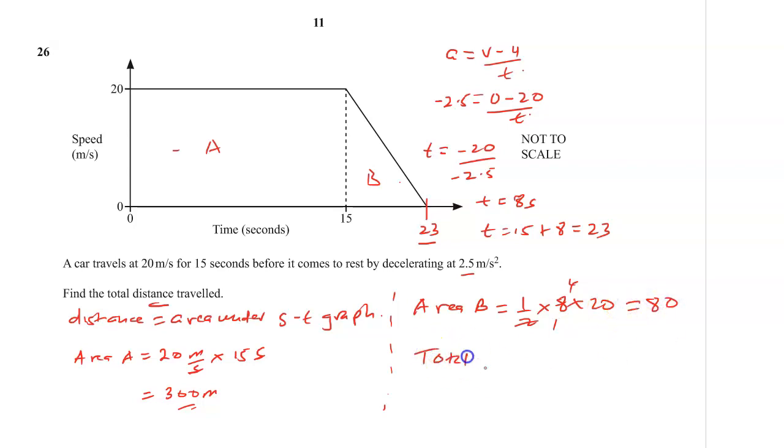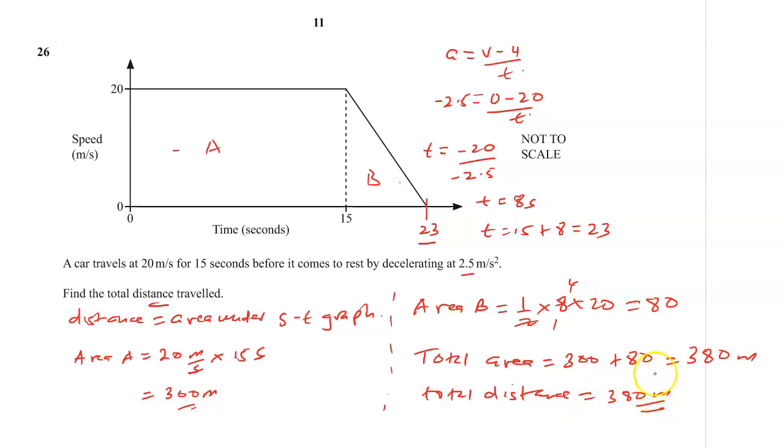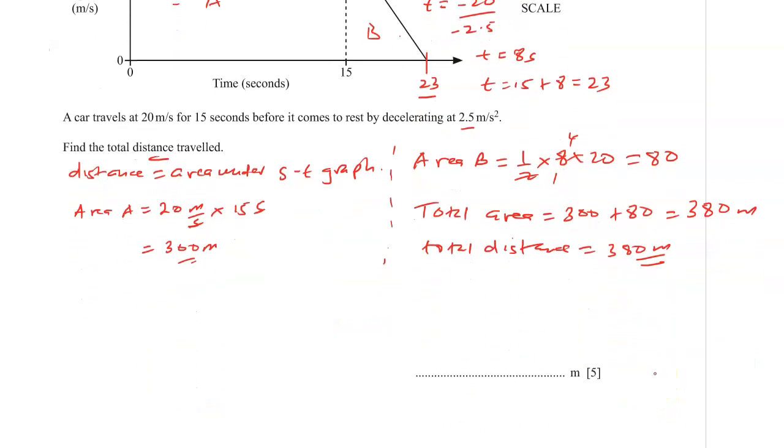So total area is equal to 300 plus 80, which is equal to 380 meters. Therefore, total distance, which is the same as total area, is equal to 380 meters. The answer is 380 meters.